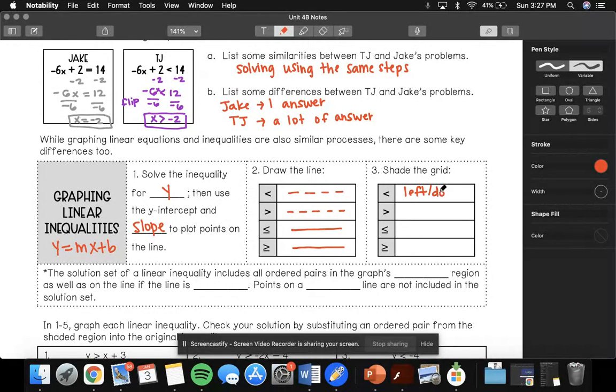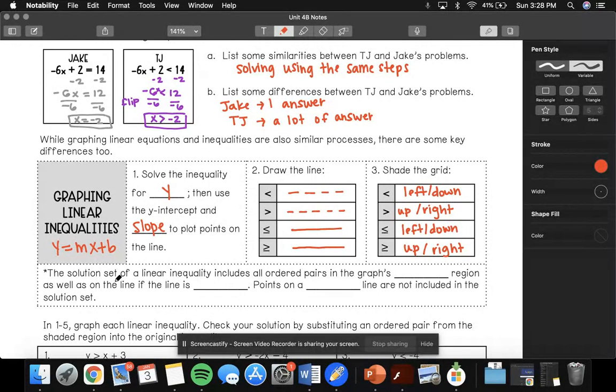We'll kind of talk about what that means here in a second. If it's y is greater than something, we are going to shade up or right. Less than or equal to, again, we're going to shade to the left or down. And then greater than or equal to, we will shade to the up or right area.